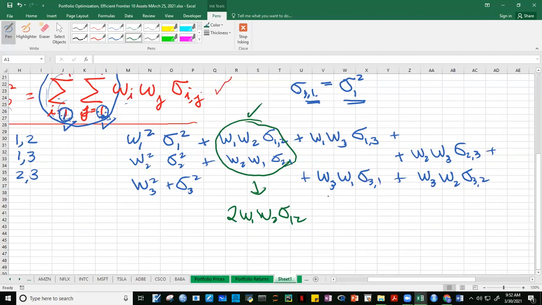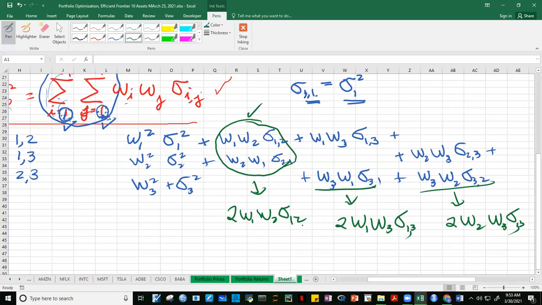Ito naman, this one is 2 W1, W3, covariance 1, 3. And then this one, 2 times W2, W3, covariance 2, 3. May tama yan. Yung iba nilalagyan ng kama, yung iba hindi na. Kasi parang nagiging 12 eh.